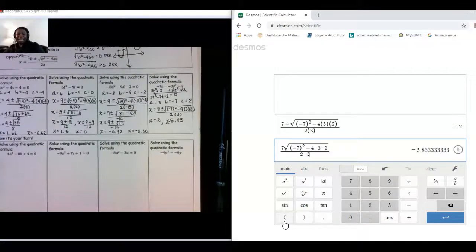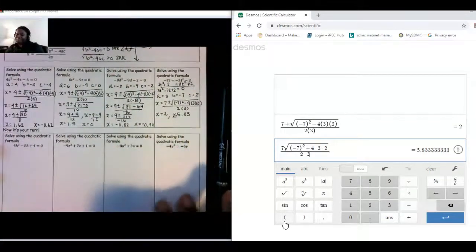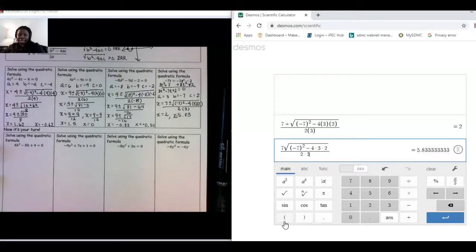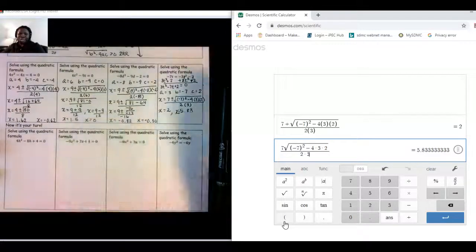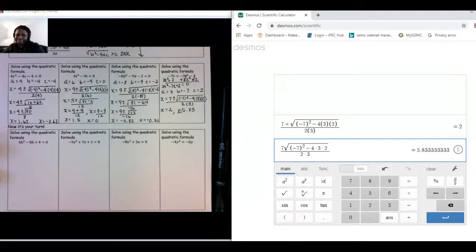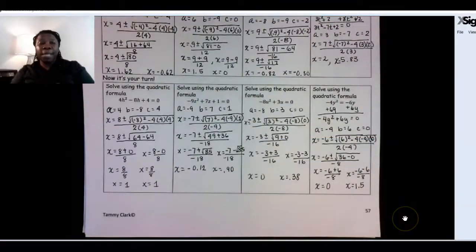Guys, I've been talking all day and it's been a very long day. So go ahead and try the your turn, guys. I know it seems like it's long, but trust me, you'll want to do this so that you have the practice in doing it. Please don't skip it. All right, so here are the answers to the now it's your turn. You do see a lot of work there, right? So when you're doing this, if I ask for it on paper, this is what I need to see.